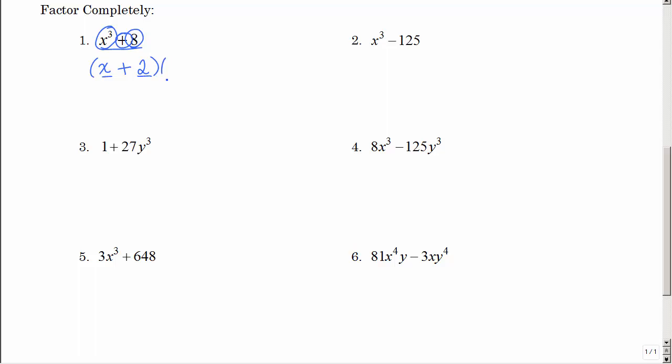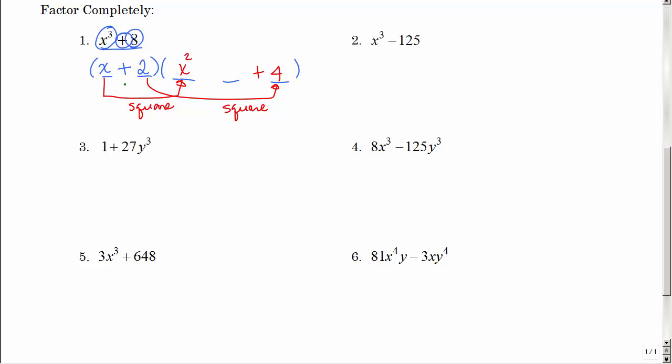That's our binomial. Then we're always going to have a trinomial. How are we going to get what's in that trinomial? Well, it's going to come from the first parenthesis. You're going to square this, so that's going to be x squared. And you're going to square that, so that's going to be plus 4, because 2 times 2 is 4.